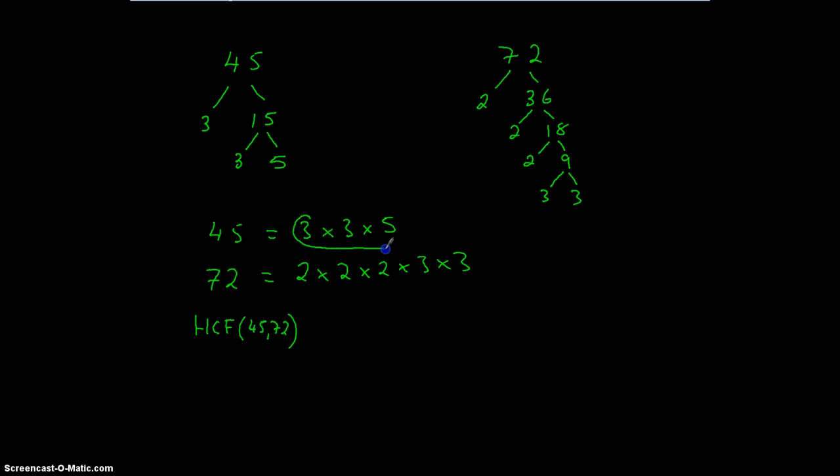So we're actually going to choose that 3 there, and in fact that 3 is also common. It's common to the 45 and the 72. Nothing else is. And so we have found that the highest common factor of 45 and 72 is in fact 9.